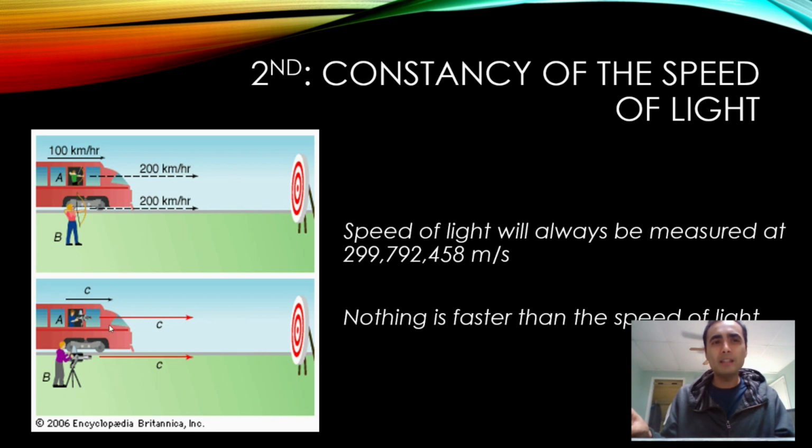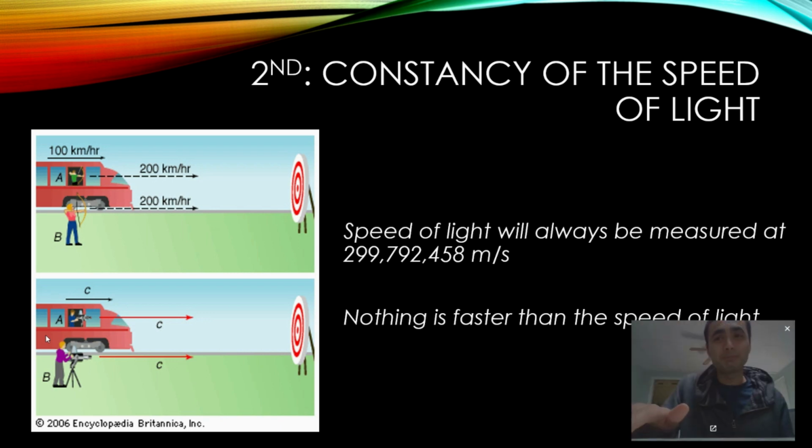If the speed of light is the same for both of them and the distance the light travels is the same for both of them, that means something has to be different, and that's time. I'm going to be talking about how time is different and how that changes. If that was confusing, I'm going to be explaining it again on another screen.